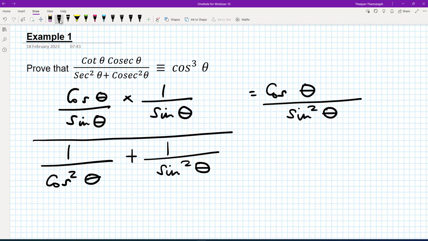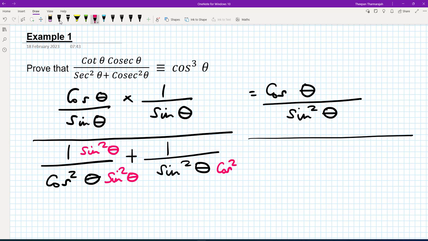But with the denominator now, I need to make these two fractions the same. So I'm going to times this by sine squared theta, times this by sine squared theta, times this by cos squared theta, and times that by cos squared theta.